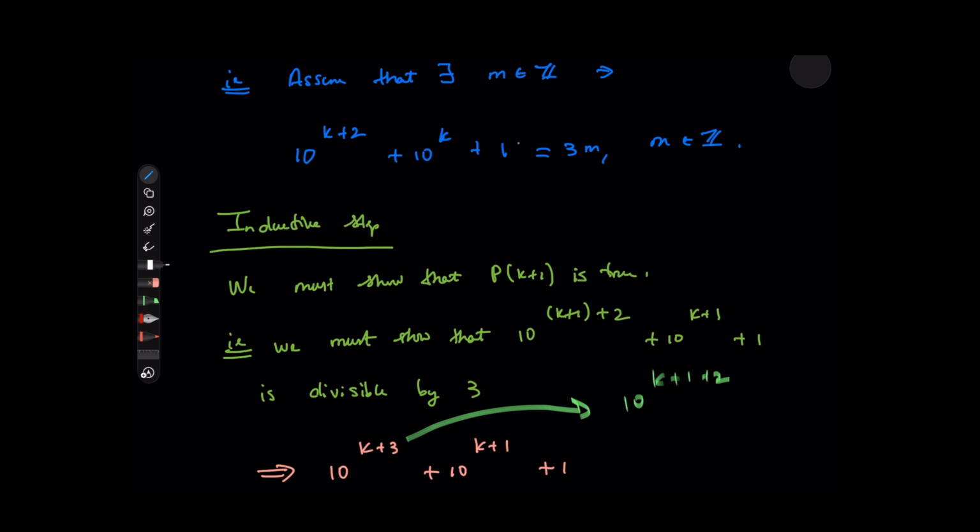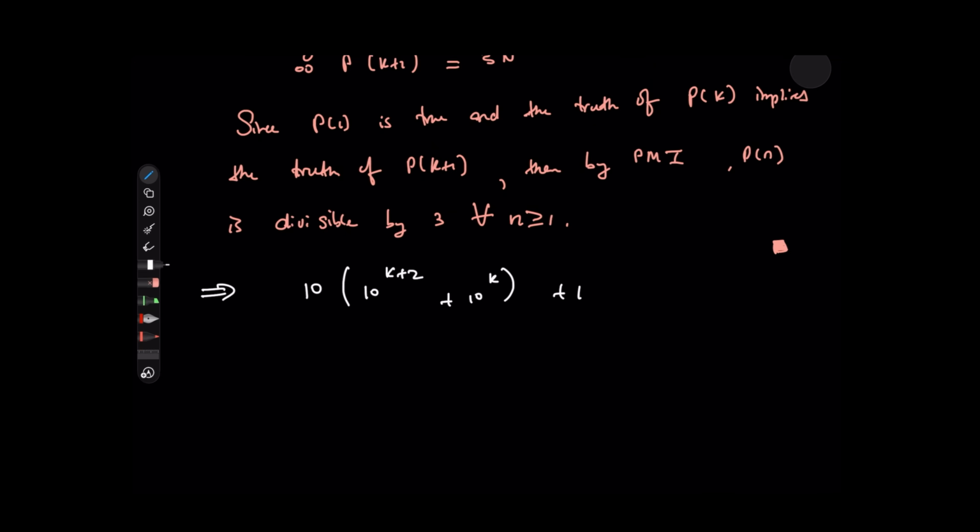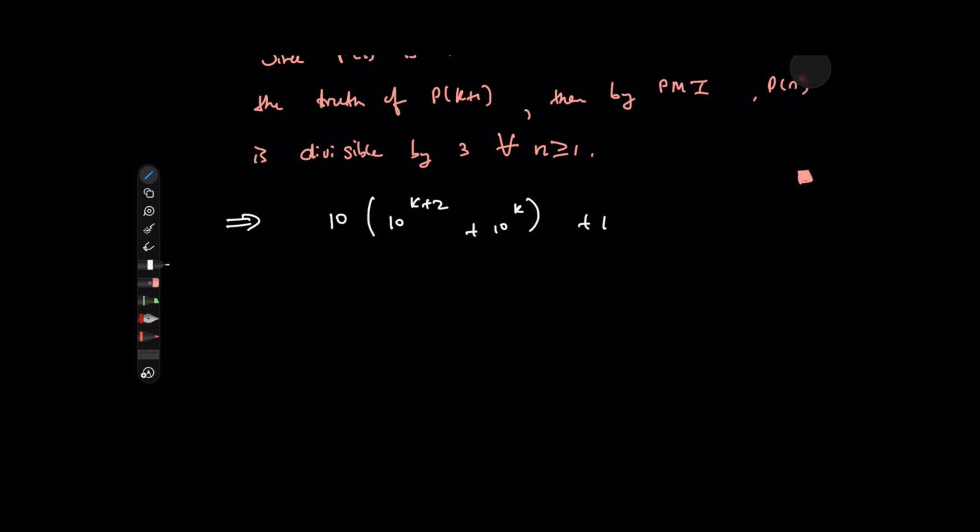Because I don't have the number 1 inside this factorization, but I want to use the inductive hypothesis, I would take 10 to the power of k plus 2 plus 10 to the power of k plus 1, which is equal to 3m, and just transpose it and make 10 to the power of k plus 2 plus 10 to the power of k equal to 3m minus 1. And then substitute 3m minus 1 inside here.